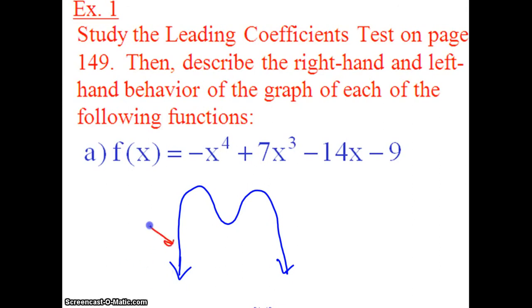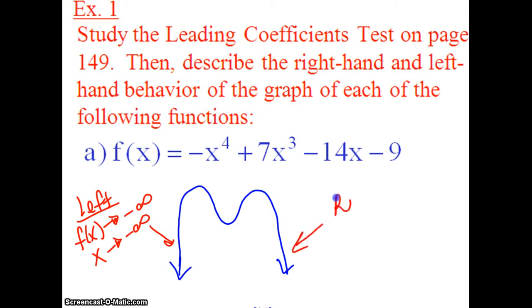So on the left side, what's going on? Your function is going down as x is going to the left. What about the right side? Your function is going where? Down. And since you're talking about the right, your x is going to the right, to positive infinity.